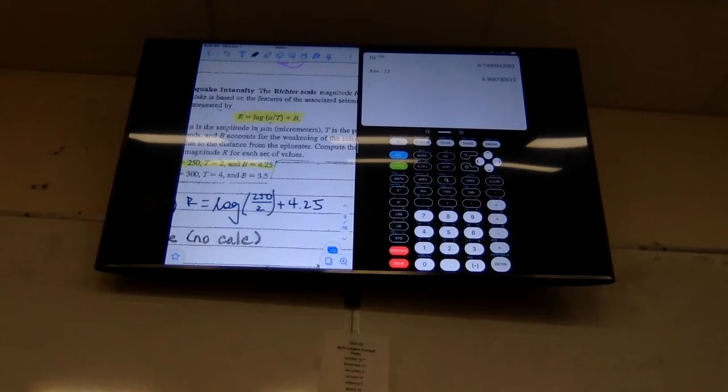I always talk about how you guys have fancy calculators. You can probably just type that all the way in if you want. I'm always careful because I'm afraid of losing a parenthesis. From having old calculators, I've had to be way more careful. So I'm going to do it piece by piece. I'm going to do 250 divided by 2. And then I'm going to do log of that. Remember, log without any base is just the one that you physically see on your calculator, log of 125. And then I'm going to say plus 4.25.